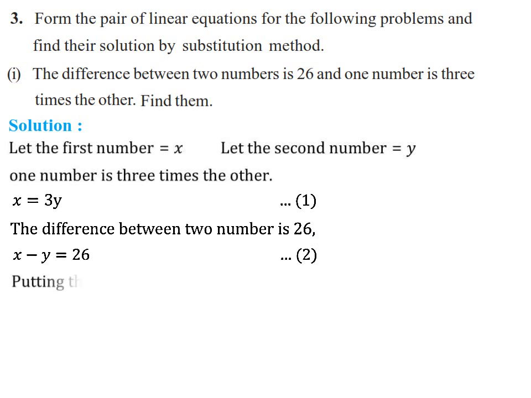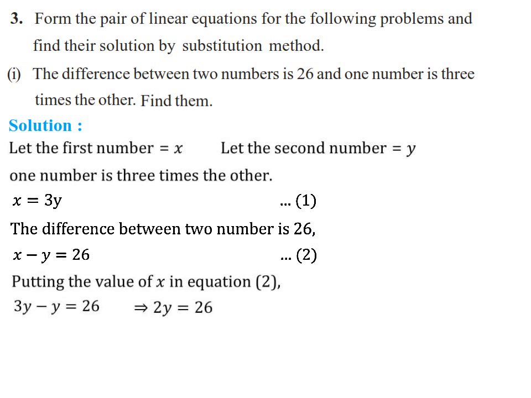Now putting the value of x from the first equation in equation number 2, I will get 3y minus y equals 26. So 2y equals 26. Therefore y equals 13. Now put the value of y in equation number 1.